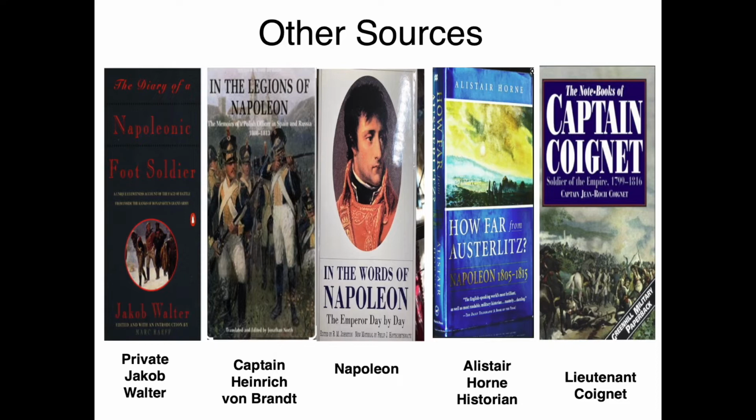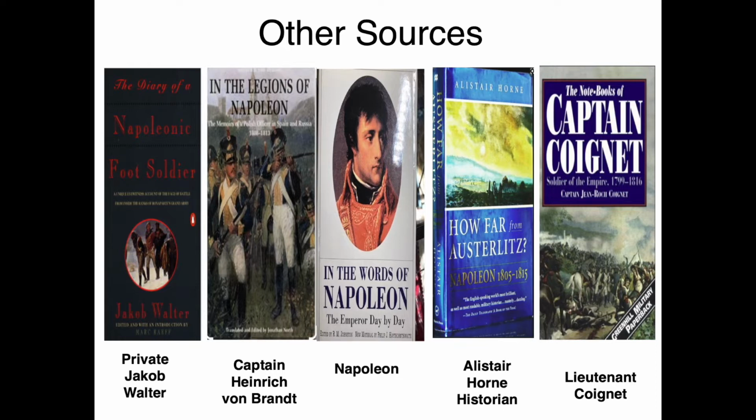Some of the other sources I used were some of the different memoirs, and I got a mix of them. The themes are generally pretty consistent, the deprivations that the soldiers experienced. The one on the left, Jacob Walter, is one of only 2 diaries that were done by enlisted men. Most of the diaries were done by officers. And we'll look at Captain von Brandt.